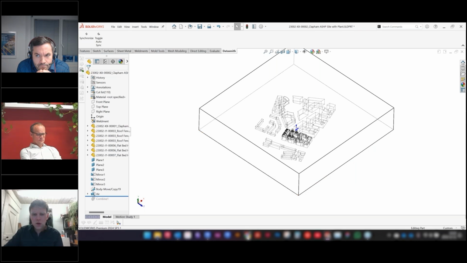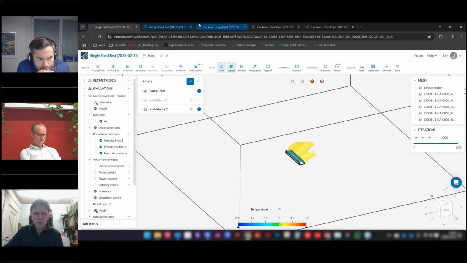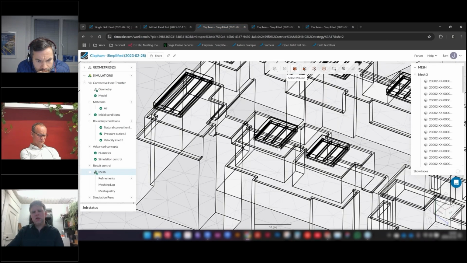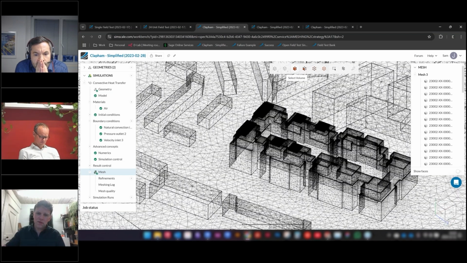So going over to SimScale, I just want to flick through a few examples that we've got here. This is the model inside SimScale. What I really love about SimScale when it comes to the meshing is the fact that the meshing is adaptive. So we can see this high density mesh in areas that we are particularly interested in.